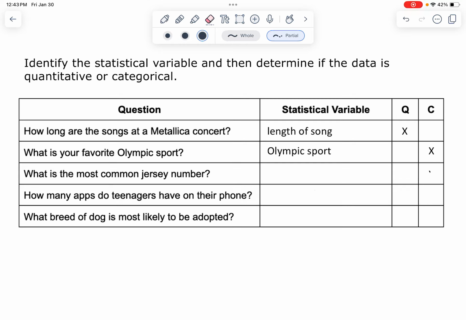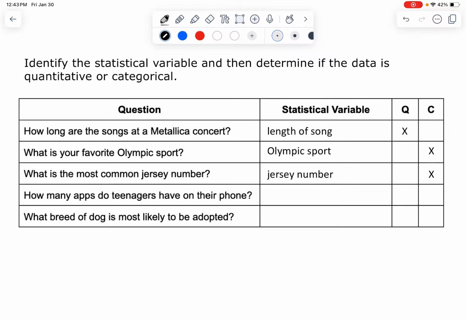What is the most common jersey number? And that is a number, but it's actually just a category. Even though it's a number, it's just fitting into a specific category. So kind of confusing there. But how many apps do teenagers have on their phone?